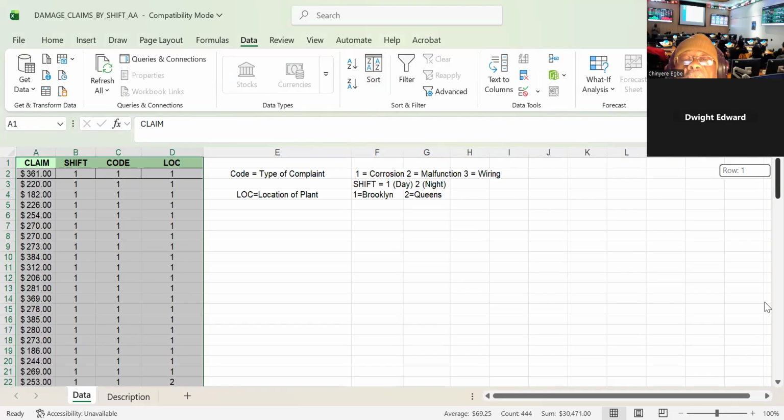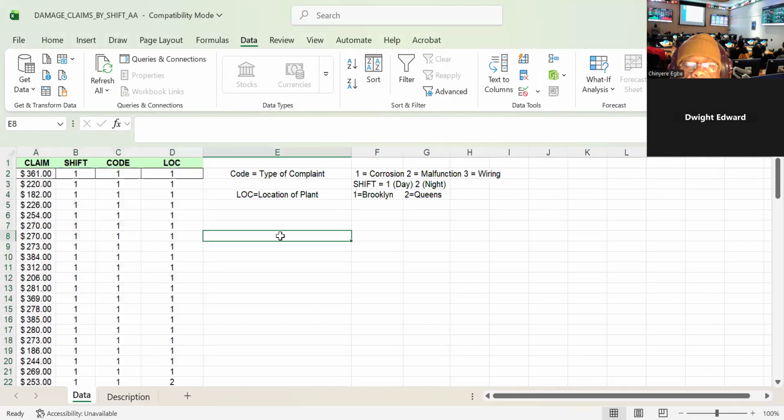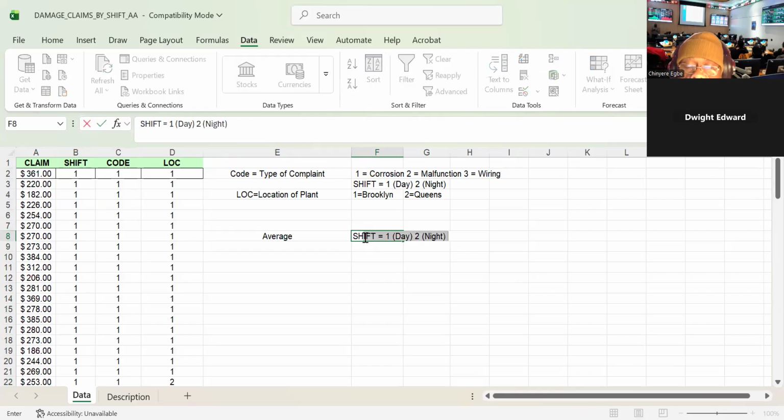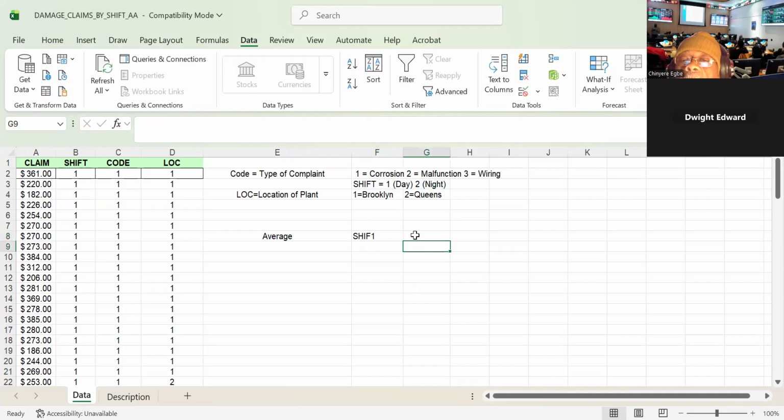And so now you can calculate the average claim by shift. Shift 1, shift 2.